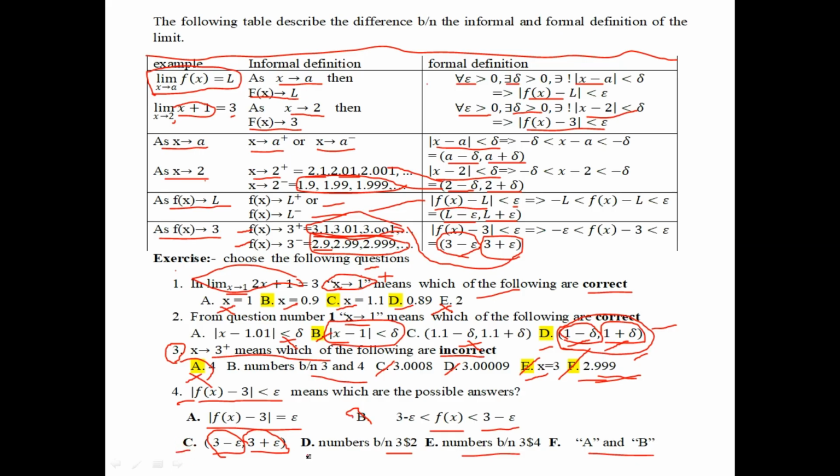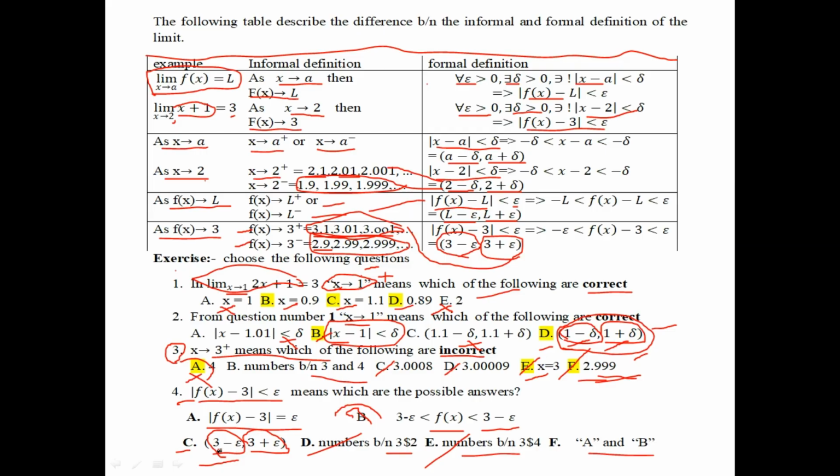Again, D and E are the possible answers, except A and the other one. So these are the correct possible answers. Why? Because B and C are the same thing.